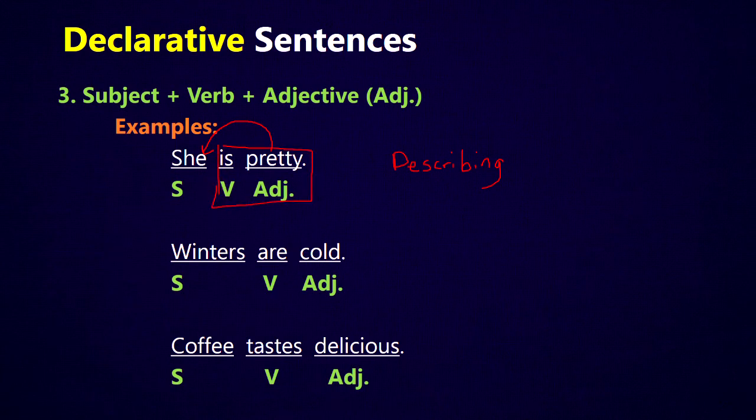But we still have a subject and we have a predicate. In this case, the predicate is just describing the subject. So winters are cold. Cold is describing the winters. Coffee tastes delicious. Delicious describes the coffee.